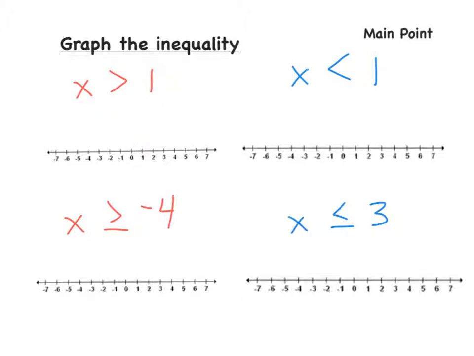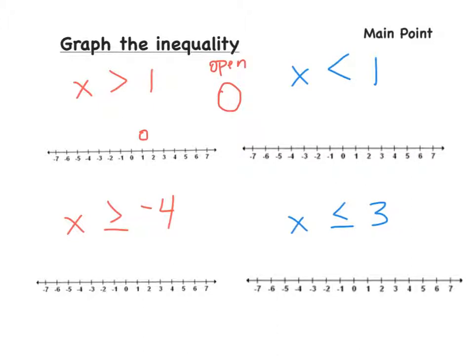Second step, draw a circle above the 1. If it is greater than or if it is less than, it is a circle that is open. It is an open circle.